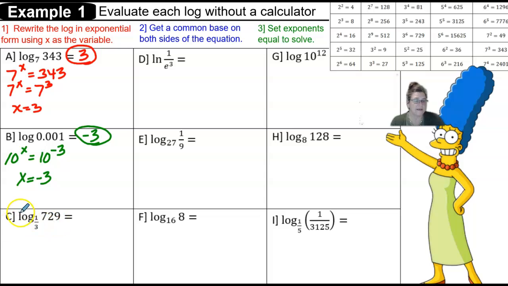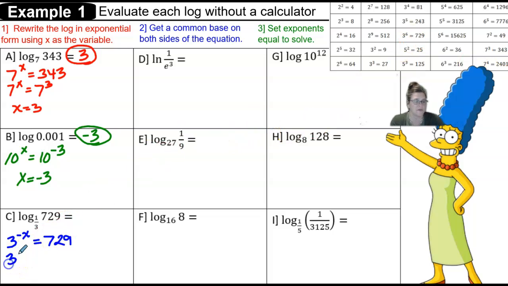Okay, example C, log base 1/3 of 729. 1/3 is the reciprocal of 3, so we can write that as 3 to the negative x power. And 729 we can write as 3 to the 6th power if we look up in that table of values on the back of your notes booklet.